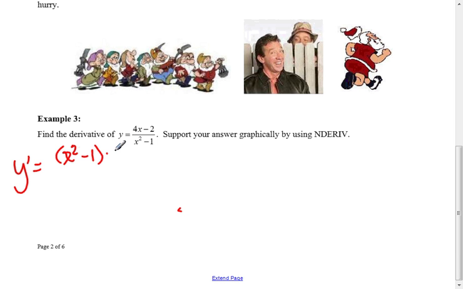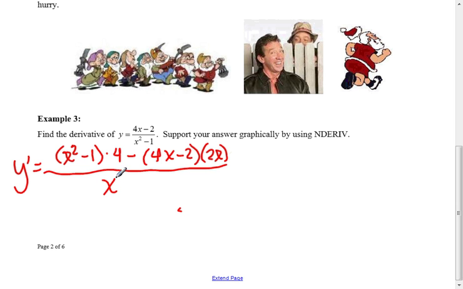The derivative of my top function is 4. Minus hi d ho, minus our high function and the derivative of the bottom, so we have 2x, all over ho ho, so we have our bottom one squared.